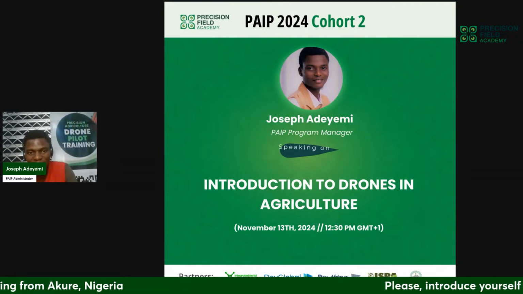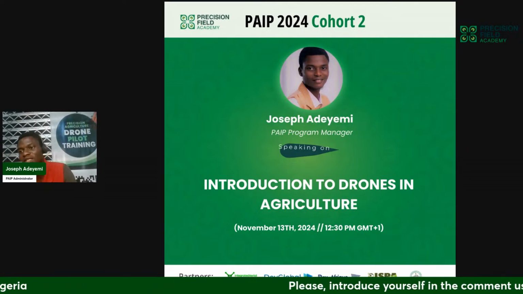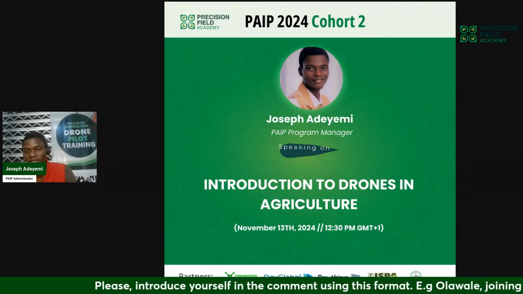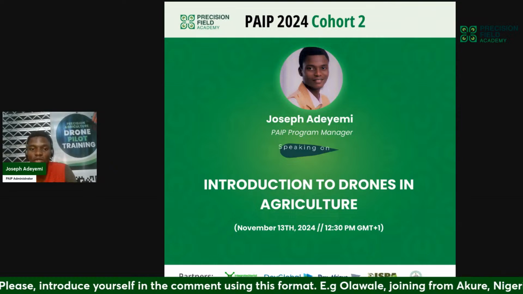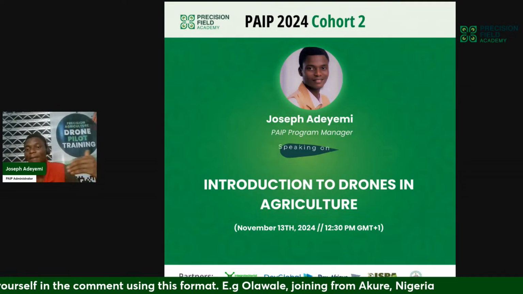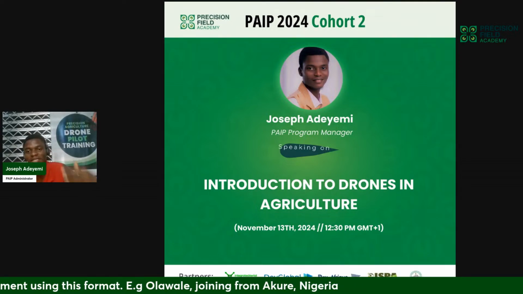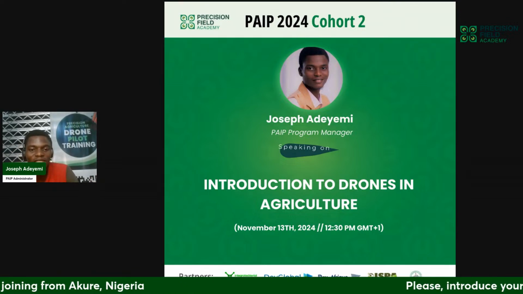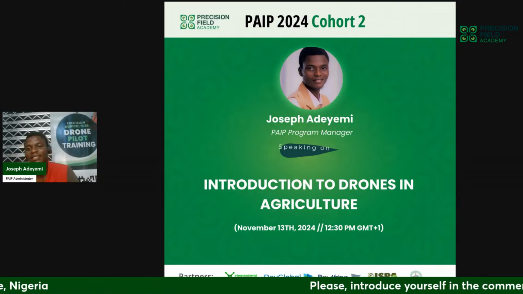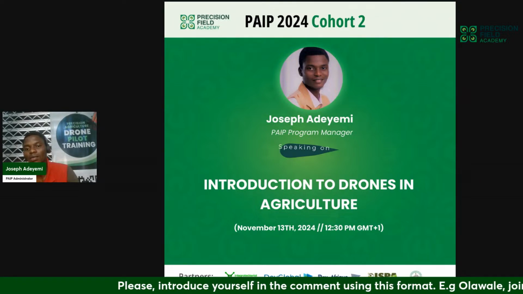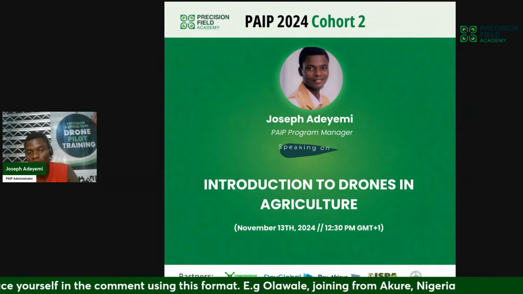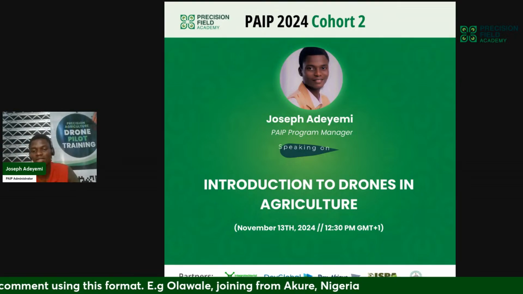We have drones in several sectors, like our instructor, Mr. David, taught in his previous class, sharing different applications of drones in mining, firefighting, public security, agriculture, and telecommunication. So drones are useful in several career spaces, and in agriculture their value cannot be overemphasized. So we're going to be looking in detail at drones in agriculture. What is the term drones in agriculture? What does it entail?